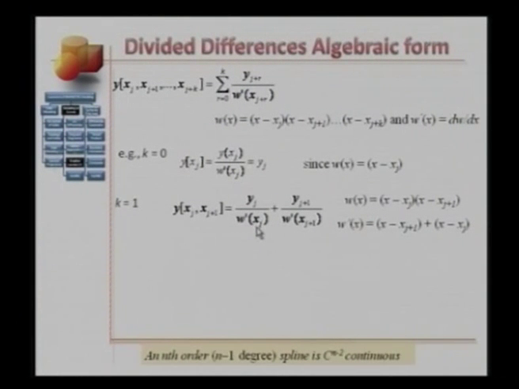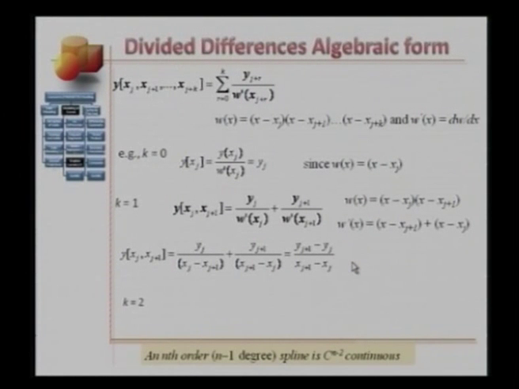If you plug in xj, this expression goes out, so we have xj minus xj plus 1. If you plug in xj plus 1, this expression is 0, and we have xj plus 1 minus xj. So y of xj, xj plus 1 equals yj over xj minus xj plus 1 plus yj plus 1 over xj plus 1 minus xj, which is equal to yj plus 1 minus yj over xj plus 1 minus xj. This is the first divided difference with base xj by definition.